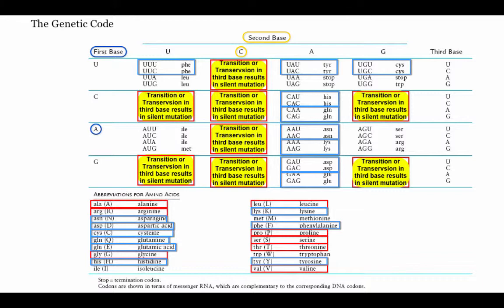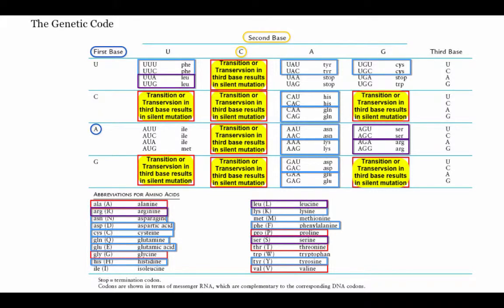As a result, silent mutations will only occur in these pairs of codons if there is a transition mutation, where one purine is replaced with another purine or one pyrimidine is replaced with another pyrimidine.